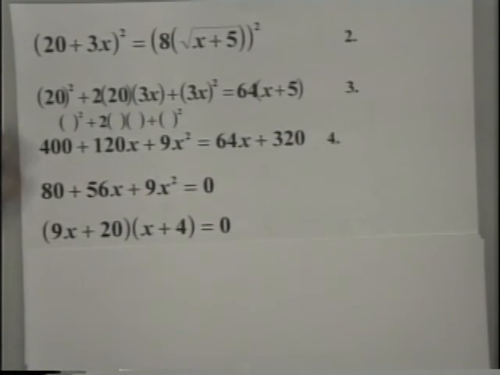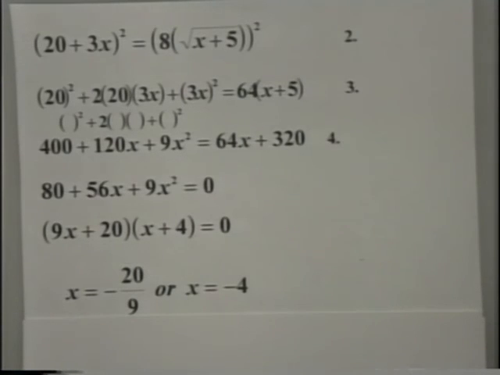And yes, that does factor. With a little work, we can show that it's 9x plus 20 times x plus 4. Set each of those factors equal to 0, and we get x equals negative 20/9 or x equals negative 4. Maybe. How do we know? We gotta go check.